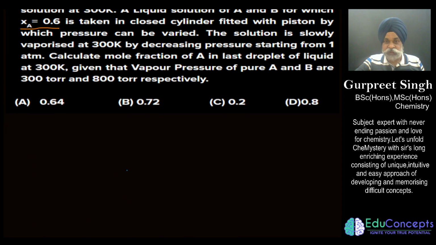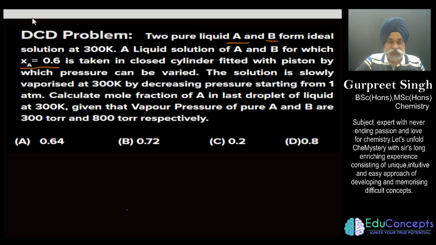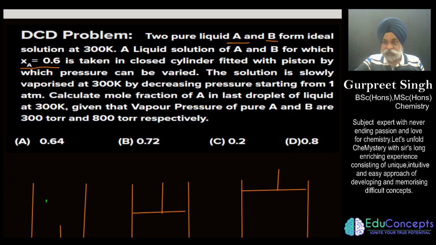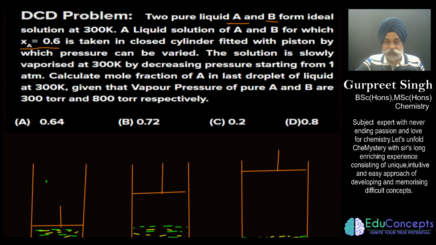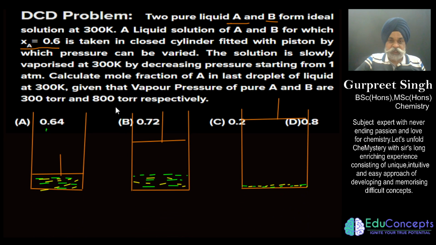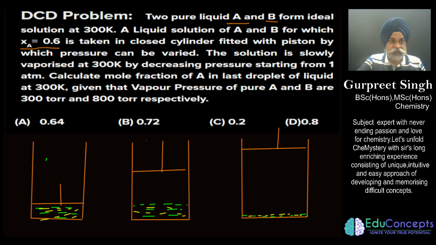Let me draw it like this so that you can understand pictorially also, because that is a very easy and good way of explaining things. You have taken A and B here in this system.